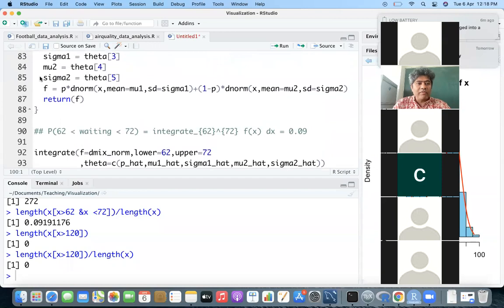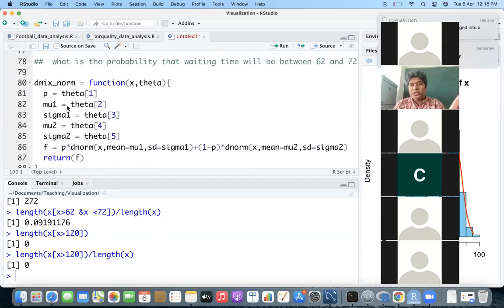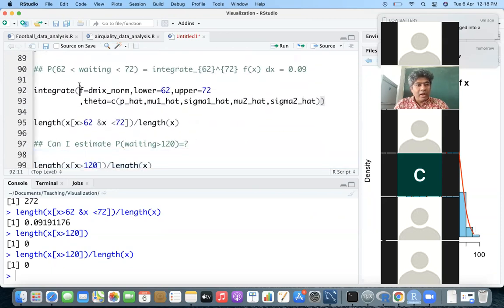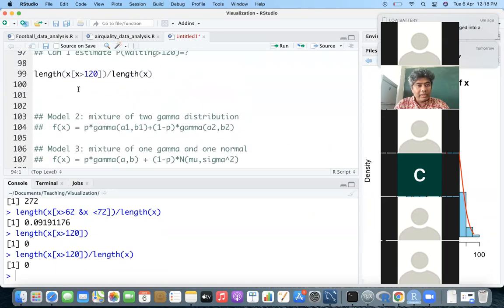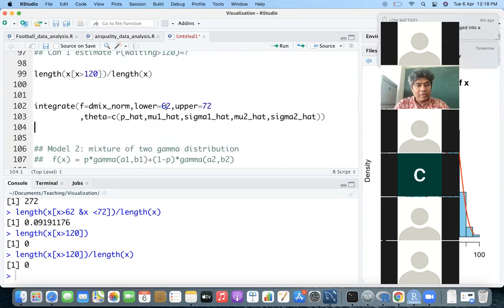If we believe that this mixture Gaussian distribution actually models the data from where it is coming, then I can model it like this. I can say that, okay, my lower is 120, my upper maybe, I give some big value, 200, and it still gives me something.